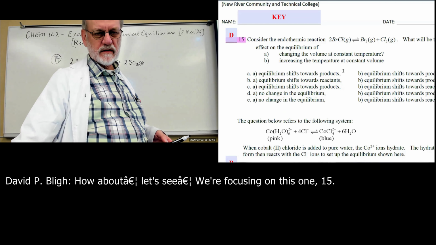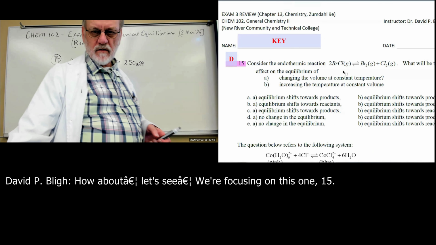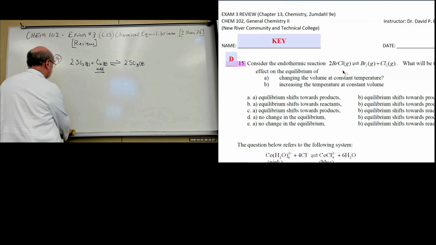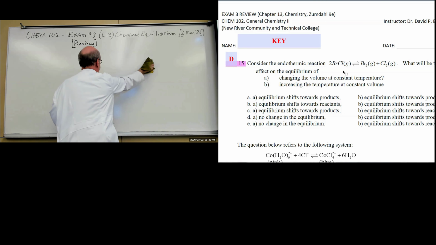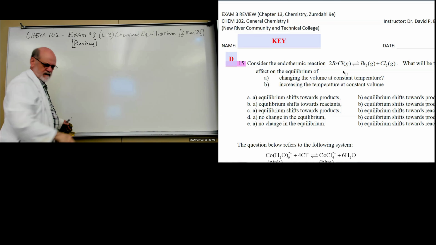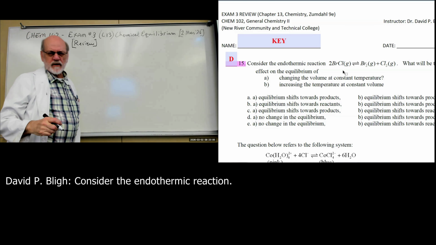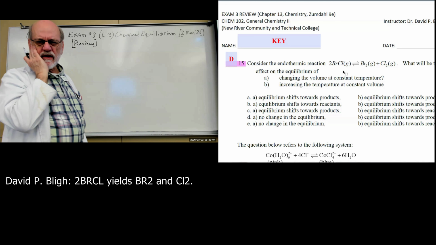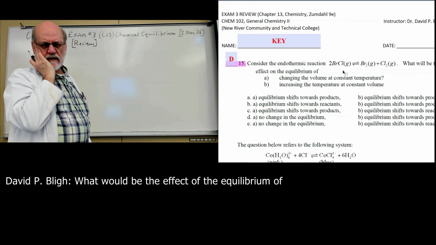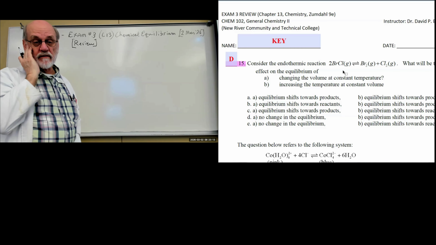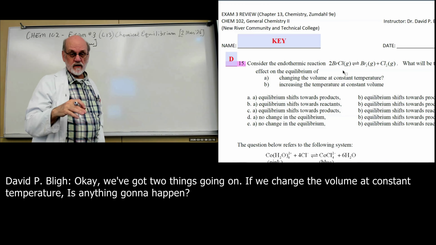How about, let's see. We're focusing on this one, 15. Consider the endothermic reaction 2BrCl yields Br2 and Cl2. What will be the effect on the equilibrium of, okay, we've got two things going on.